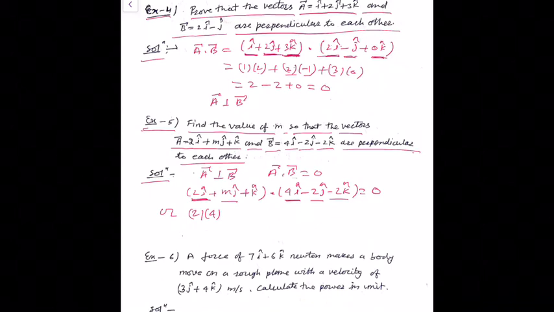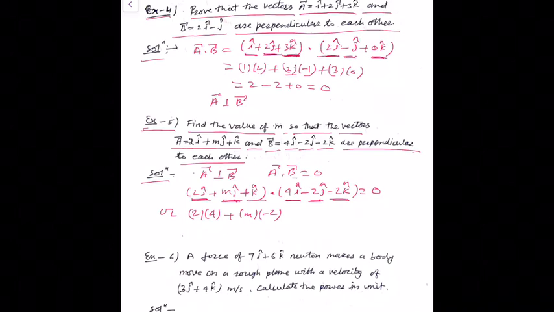Next, m j cap dot 4i cap, 0. And next, m j cap dot minus 2j cap, m into minus 2, because j cap dot j cap is 1. And next, m j cap dot minus 2k cap, 0.